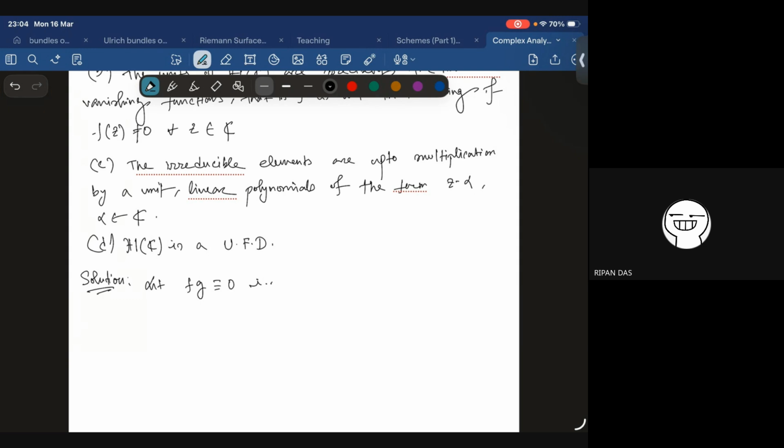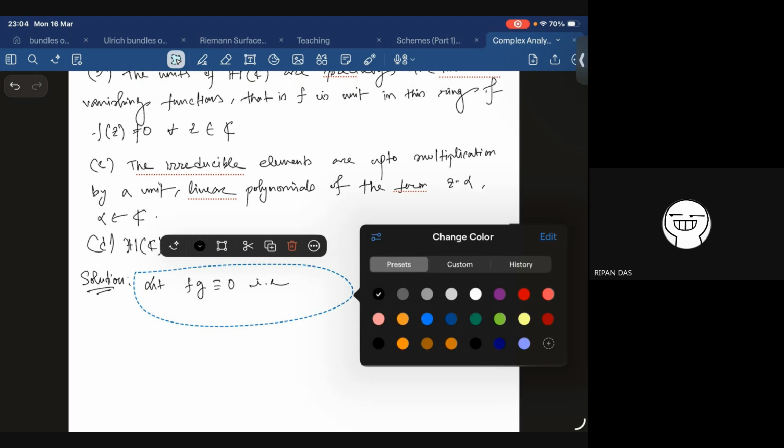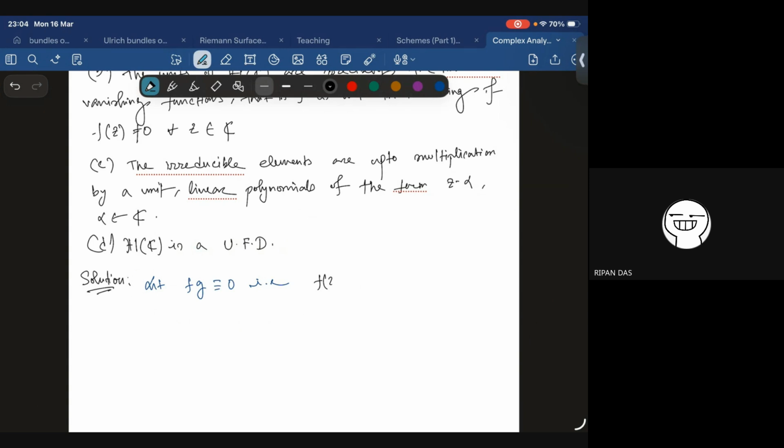That is, f(z) times g(z) is equal to 0 for all z belongs to C.